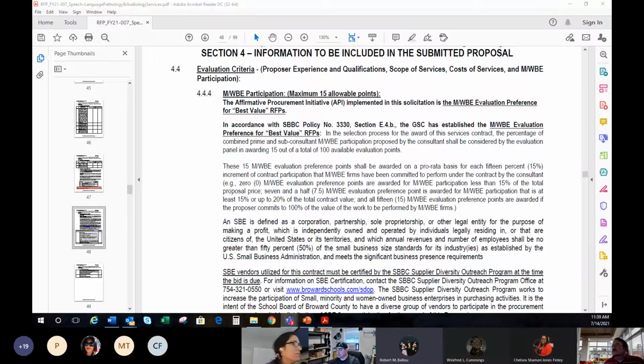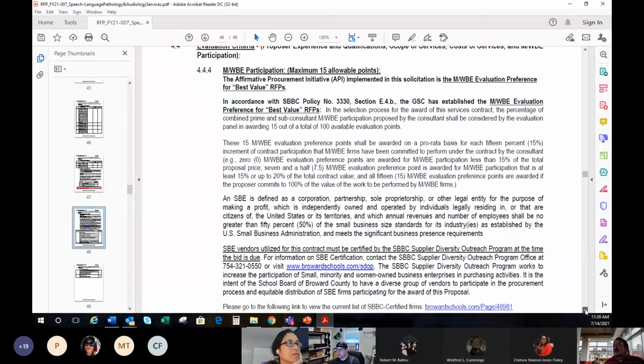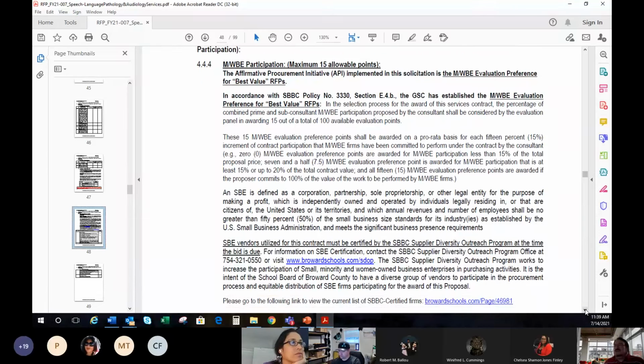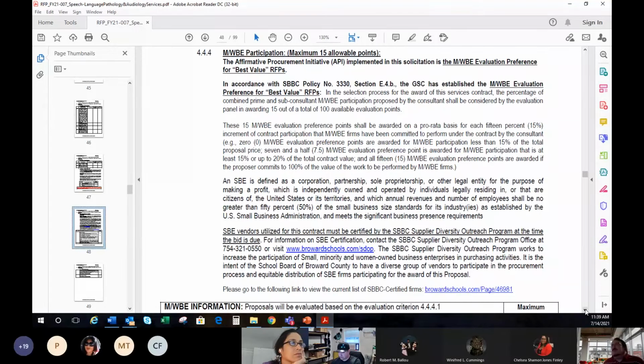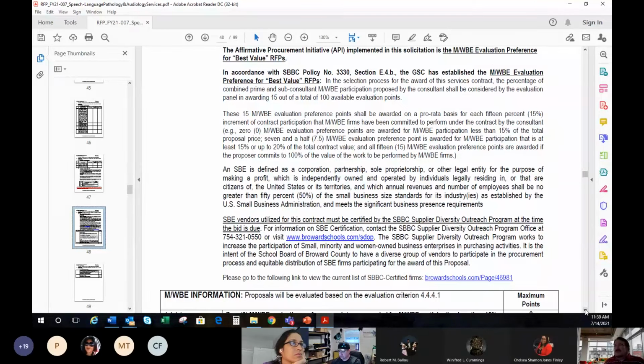Okay. All right. Basically, this is giving you information as defined as to what an SBE is and any information that you would need to know in order to provide the information for MWBE participation for your proposal. And again, this will be brought up at another meeting on how they go about doing this and determining what type of factor is going to be used.